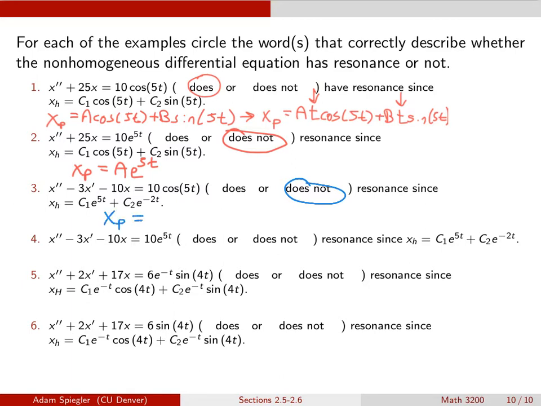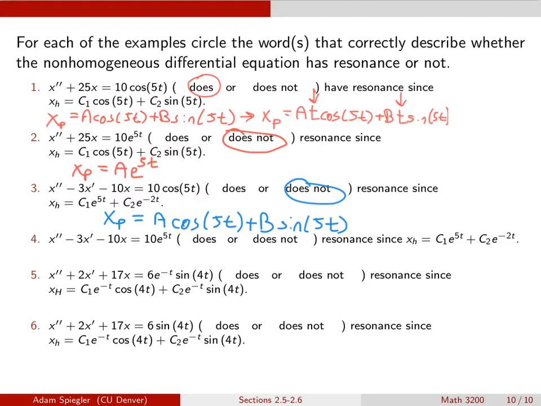And our particular solution, therefore, would be a cosine of 5t. And we'd also need to include the b times the sine of 5t. So that would be our particular solution guess to get that ball rolling in question number 3. Not an issue with resonance.